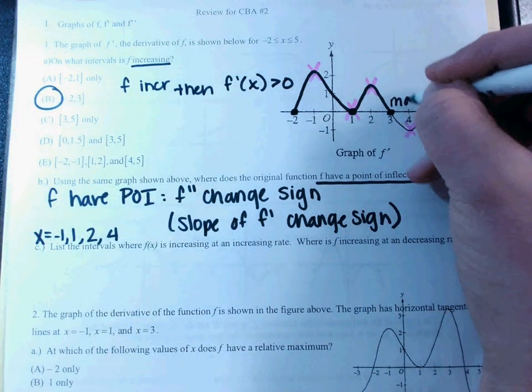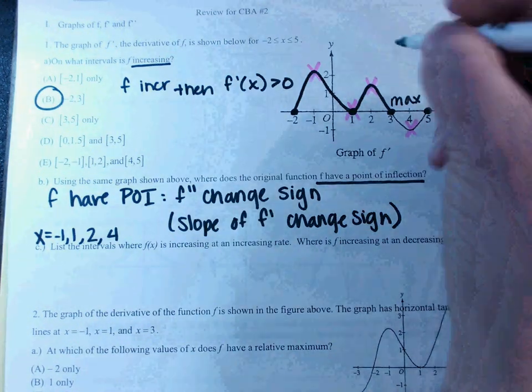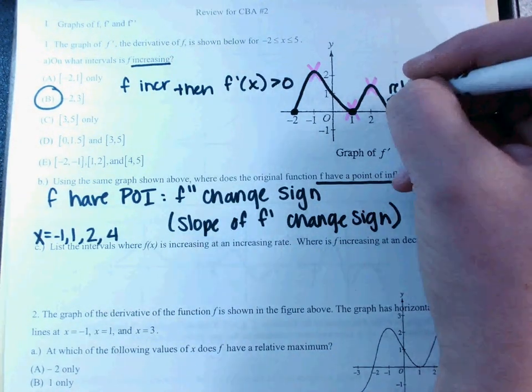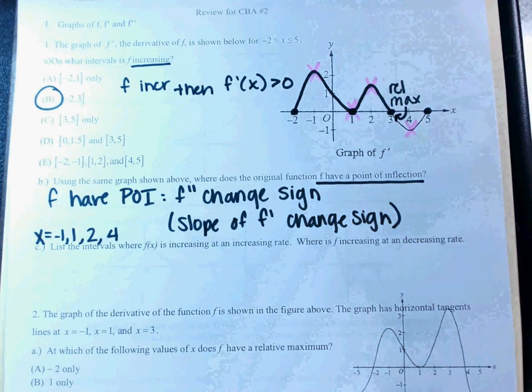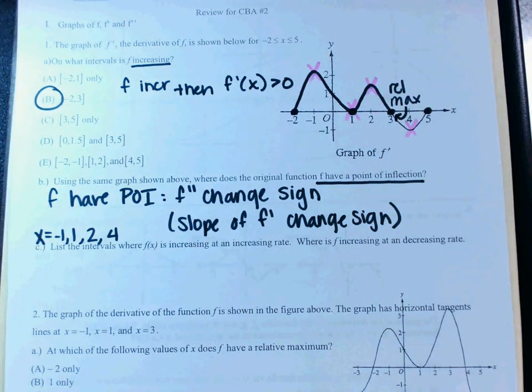A max. Very good. So that is a relative max right there. Max is positive to negative, because think about the slope: max is positive slope, negative slope. Now, what would you classify the other 3 as? Neithers. Very good, because F prime doesn't change sign. It doesn't pass through the x-axis.